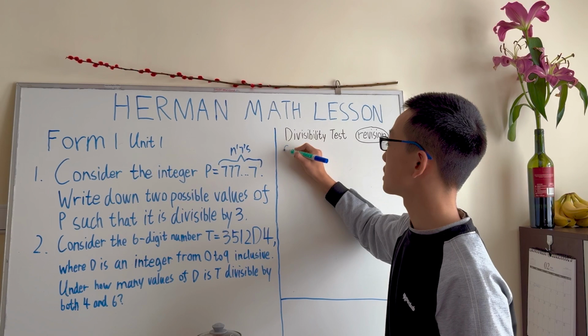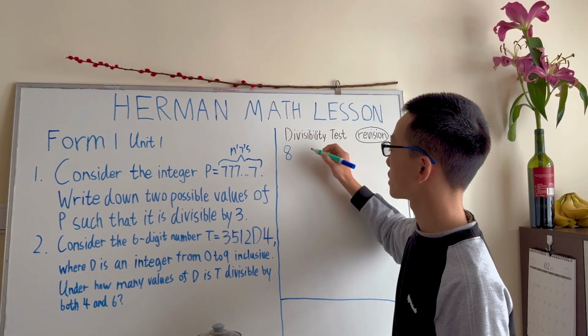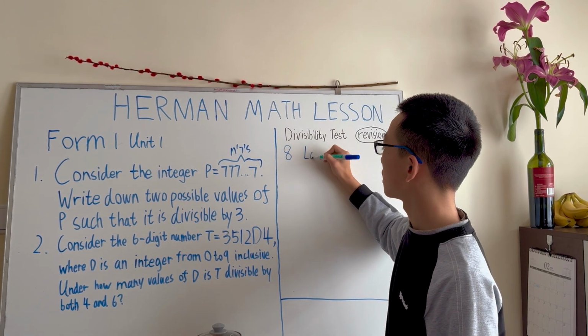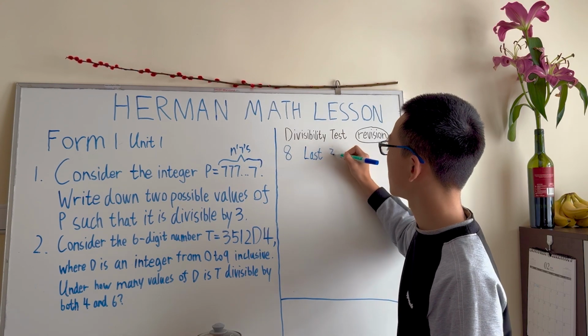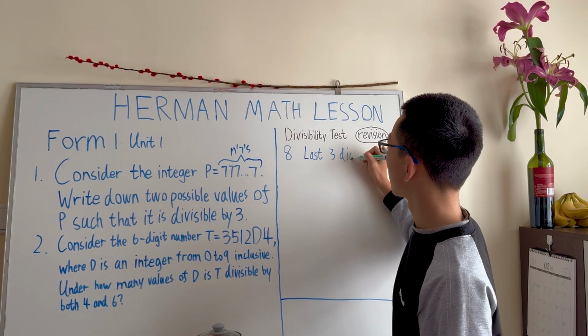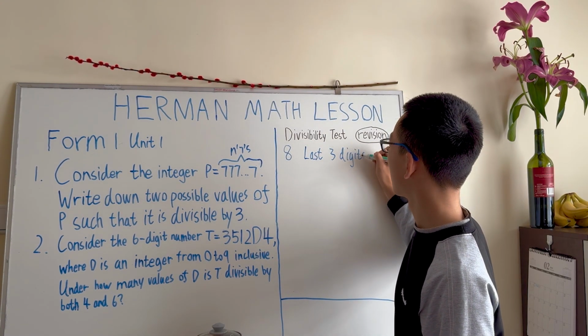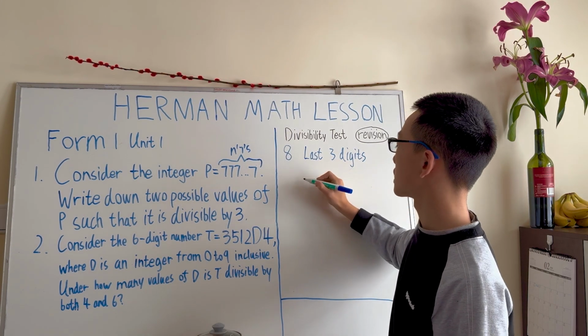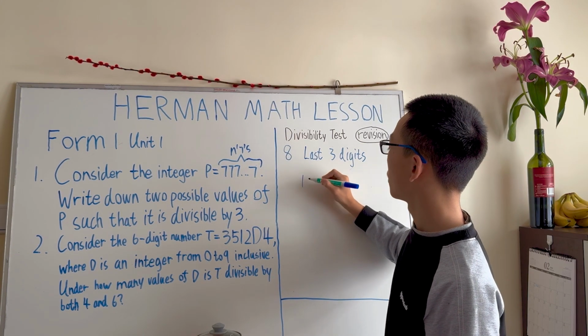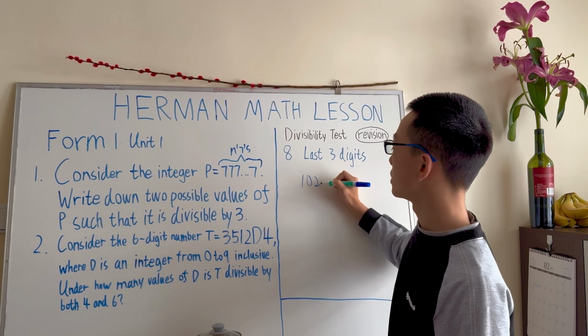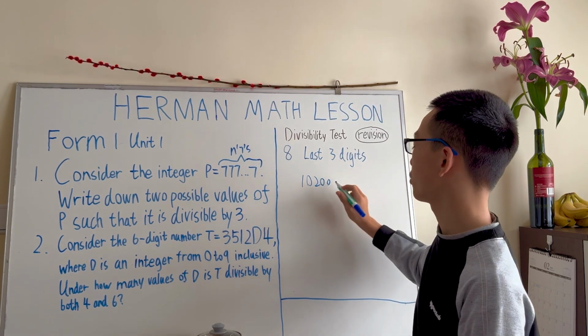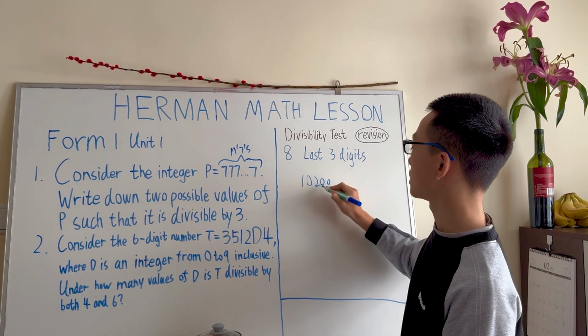When it comes to 8, we look at the last 3 digits of a number. Like 10200, we just look at these 3 digits.